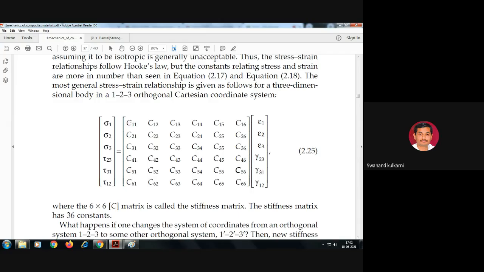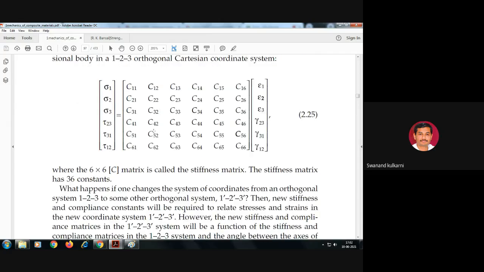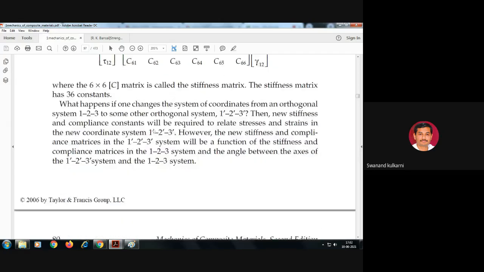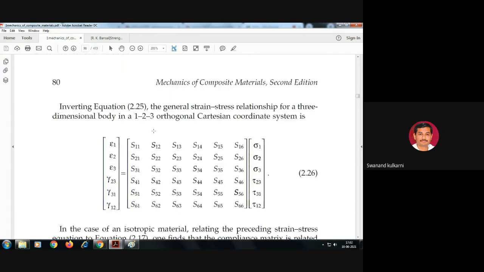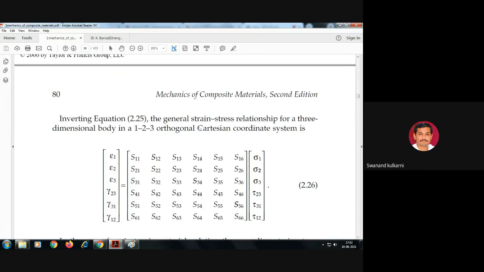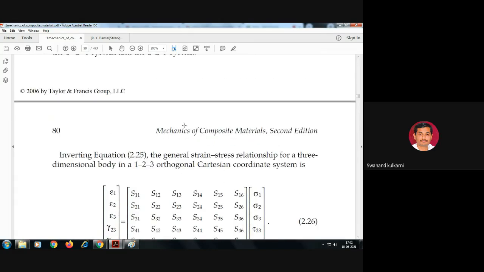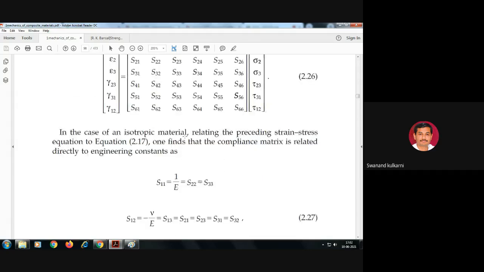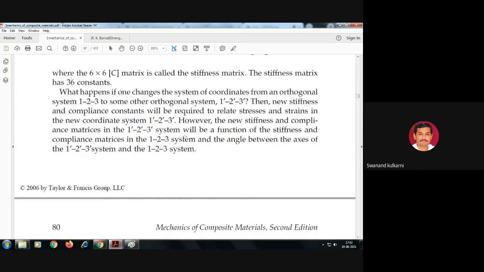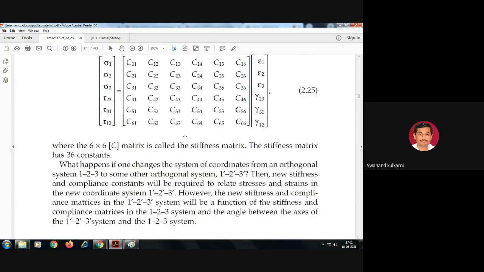So 36 such elements are present here, and these are related with each other, and which element will be strong and which element will not be taken into consideration in which kind of material, that is the part of interest, and that we are going to understand in the coming lecture.